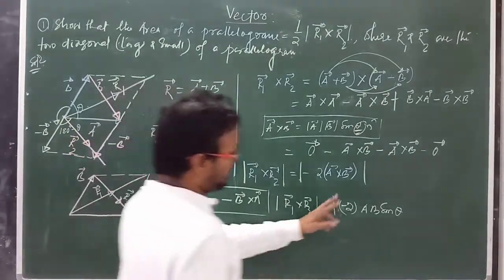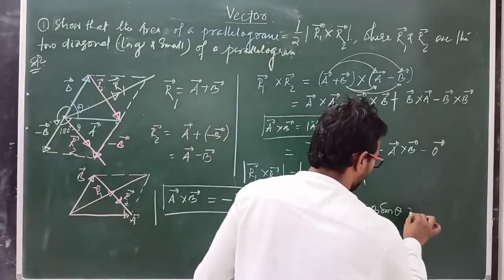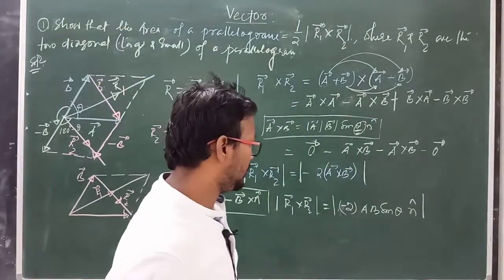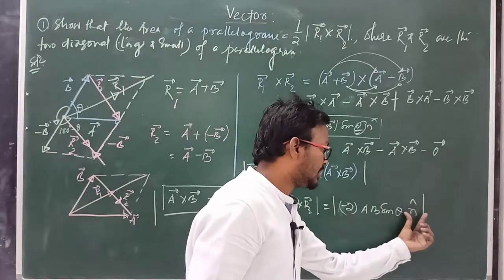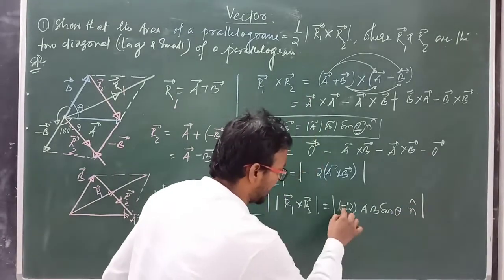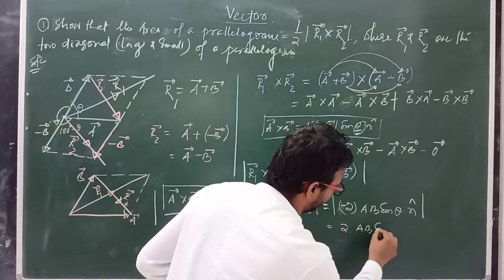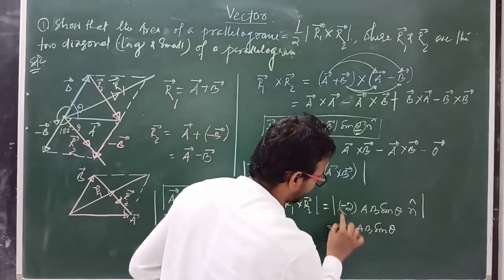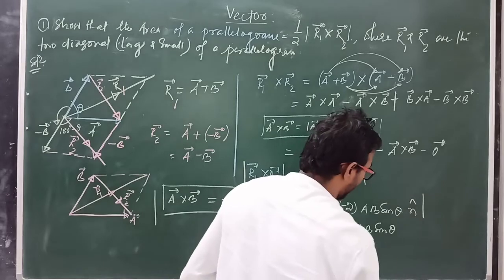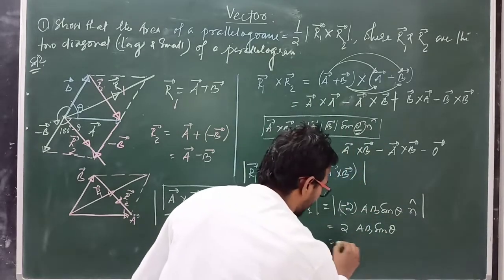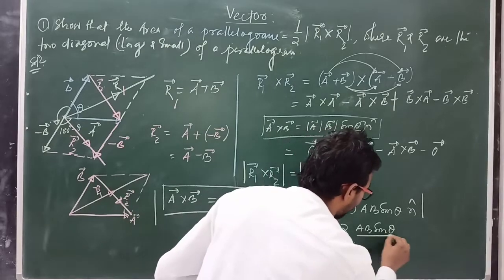So AB sin theta into n cap, its magnitude. Clear? We already know that the magnitude of a unit vector is always 1, so the negative sign will be cancelled. Then the total term is AB sin theta, minus will be positive, n cap equal to 1. The remaining part is 2AB sin theta, that is 2 into AB sin theta.